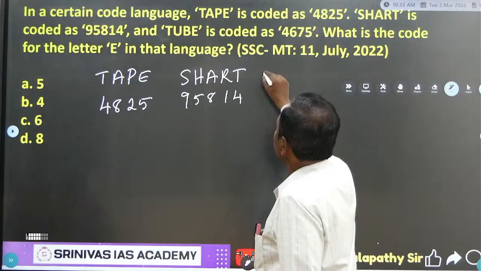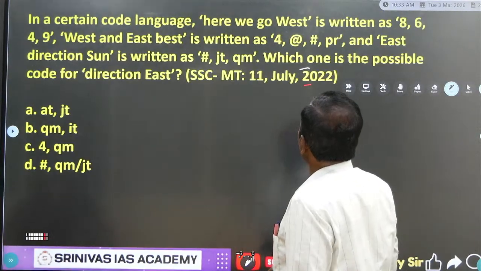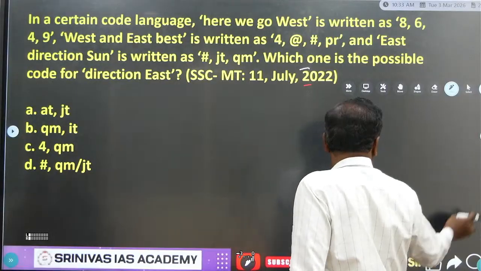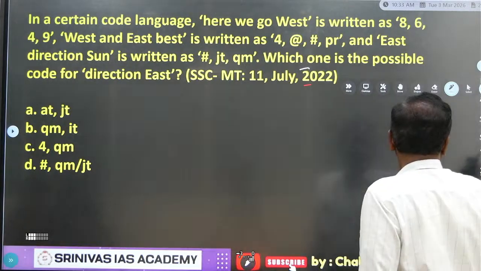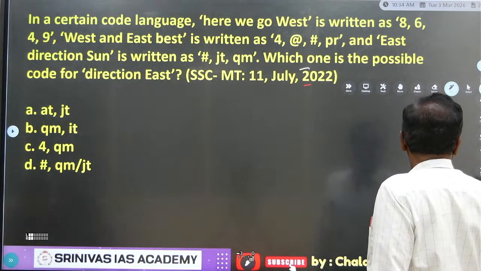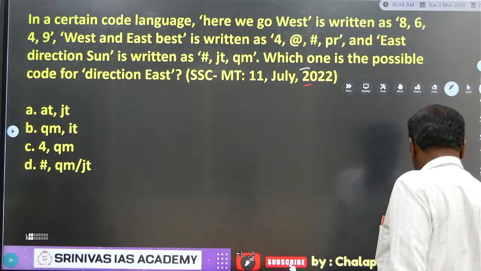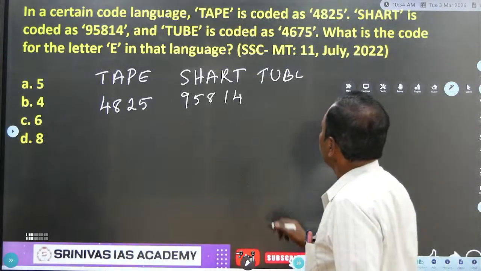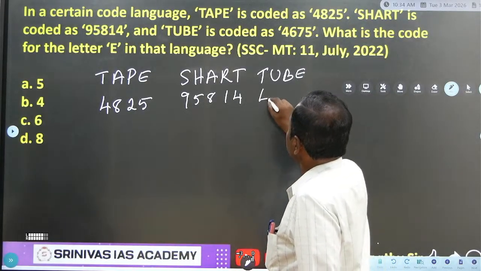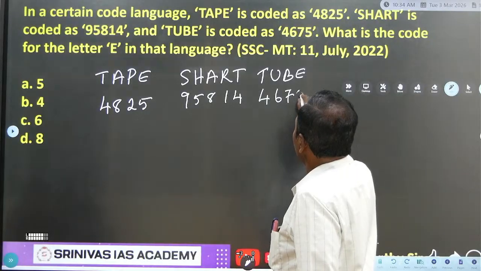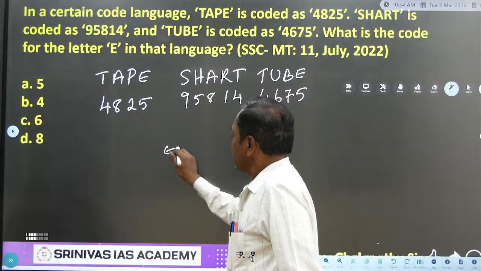Tube is coded as 4675. What is the code for E?